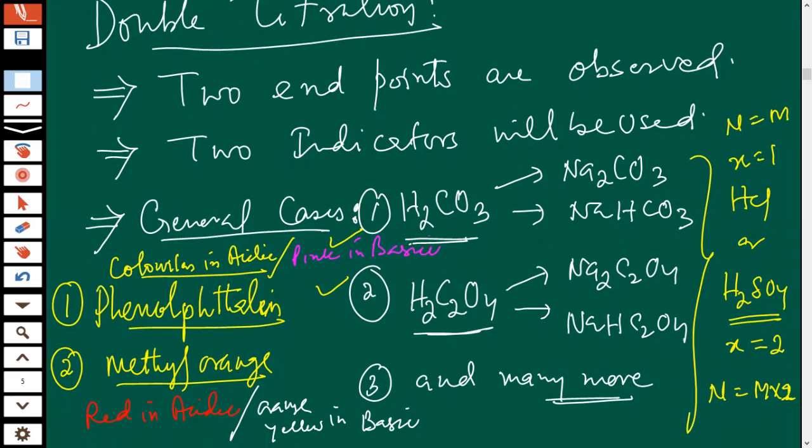So what is that, red in acidic, and orange, yellow in basic. Okay, sir. Completed? Yes, sir.